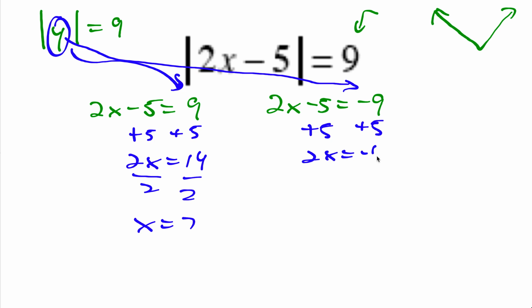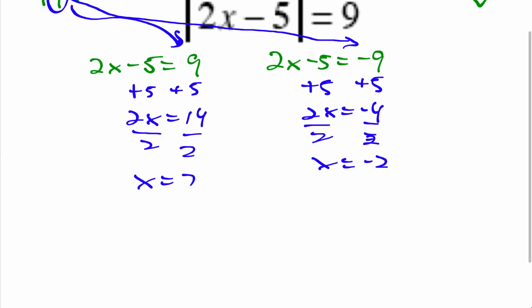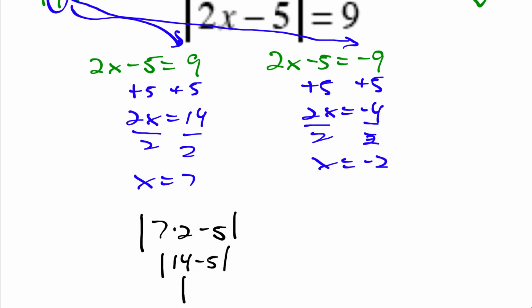So 2x equals negative 4, so x equals negative 2. Well, if I check it, because it's not a bad idea to check, what if I take 7 times 2 minus 5 and then take the absolute value of it? Well, that's 14 minus 5. That's 9.